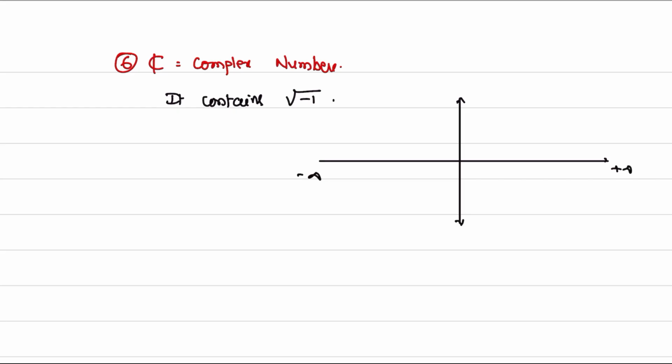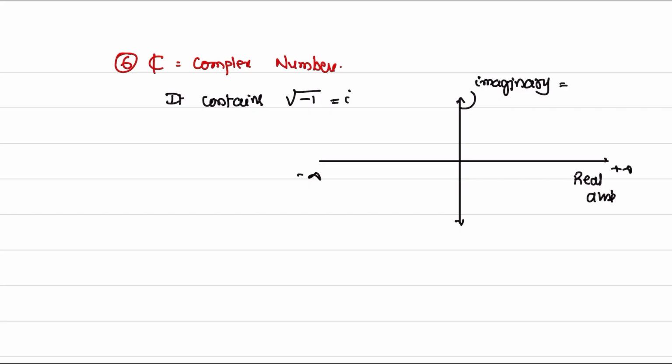This is the real axis. On the imaginary axis, the square root of minus 1 is equal to i, because it is imaginary, the first letter of imaginary, i.